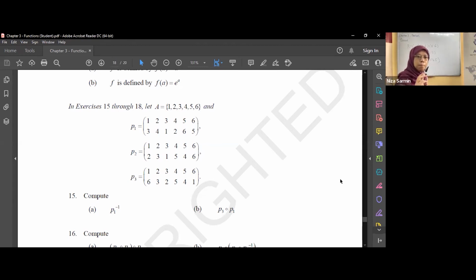Okay, now what is P1 inverse? So from this, you put here, P1 inverse. Now if you have a P which is alpha, beta, gamma, as a product of 3 cycles, so P inverse is gamma inverse, beta inverse, alpha inverse.